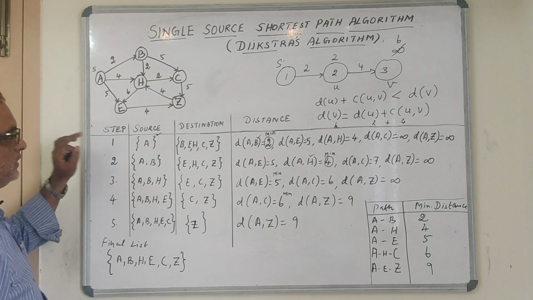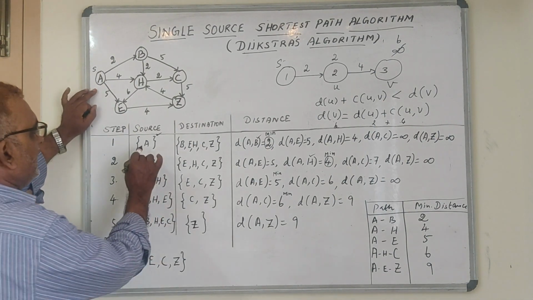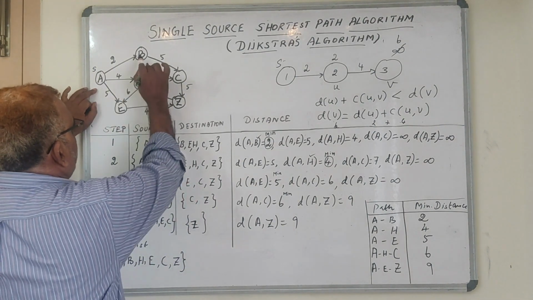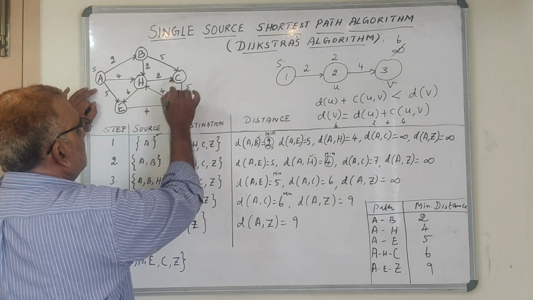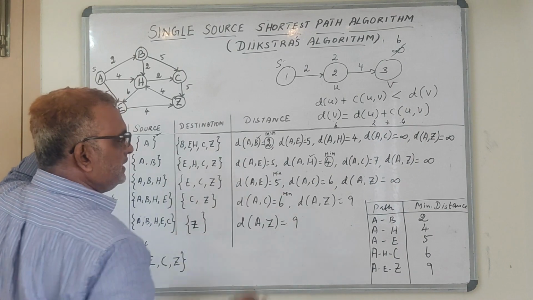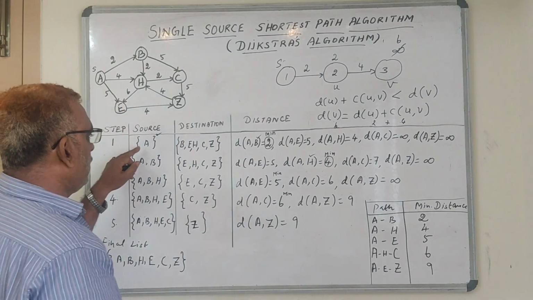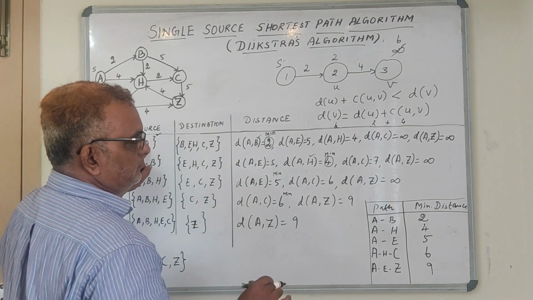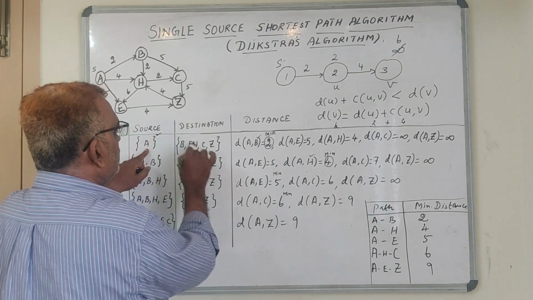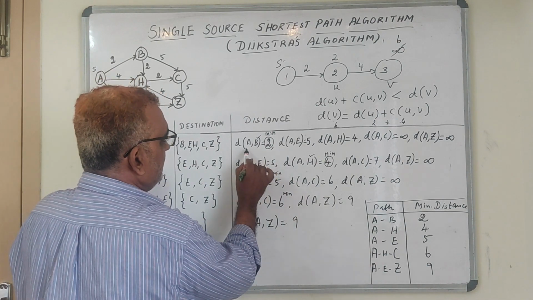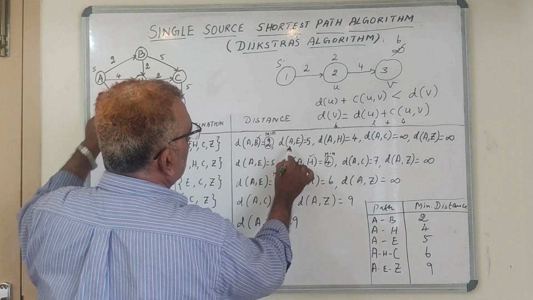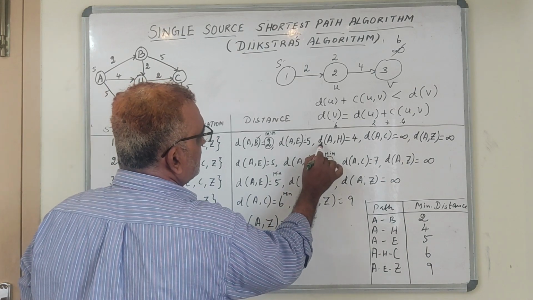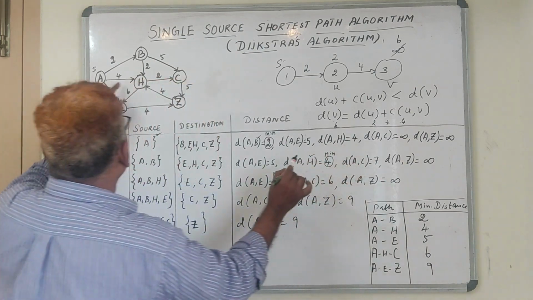So consider step number 1. A is the source node. The remaining nodes, B, H, E, C, Z, are all destination nodes. Now we have to calculate the distance from A to B, A to E, A to H, A to C and A to Z. See here, A to B is 2, A to E is 5, A to H is 4.